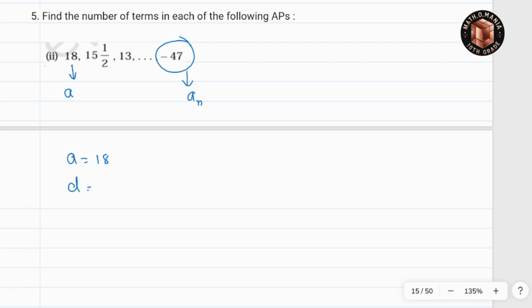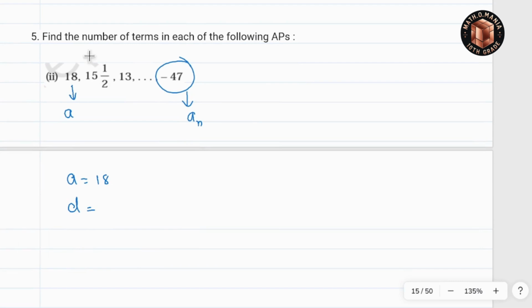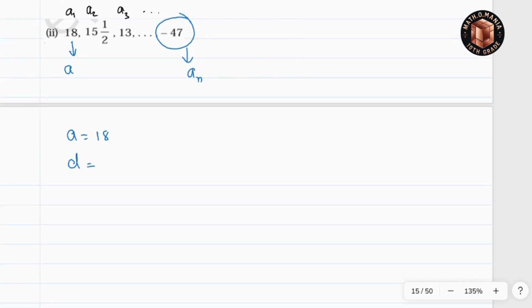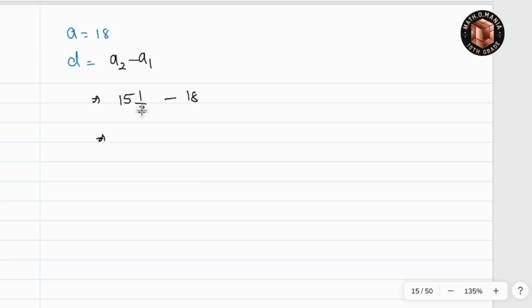If I want to find D, it is equal to what? We know that this is A1, this is A2, this is A3, and it goes on like that. So, if I want to find D, it is equal to A2 minus A1. Here A2 equal to 15 and a half minus 18. So, what can I do here? Which is equal to 15 into 2 is 30, 30 plus 1 is 31 by 2, minus 18.